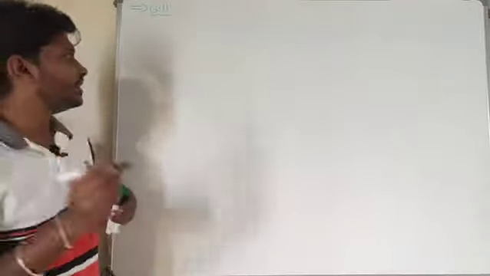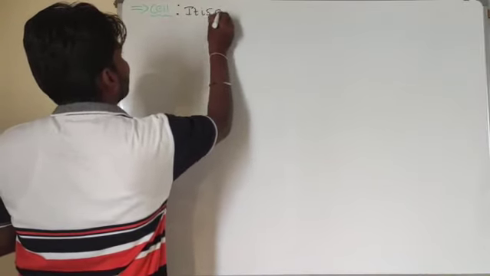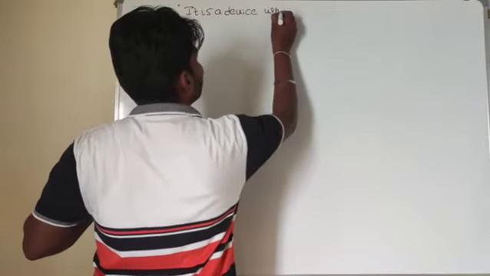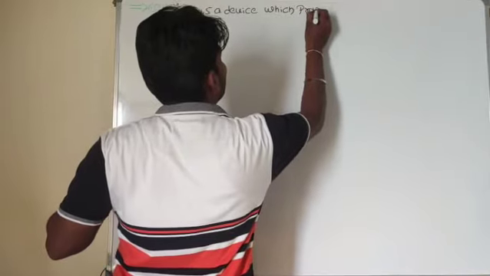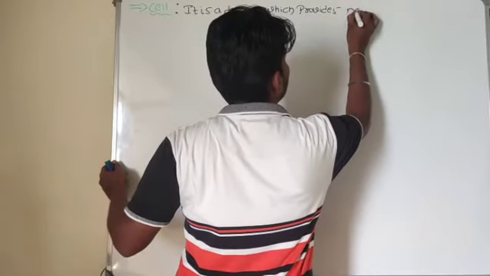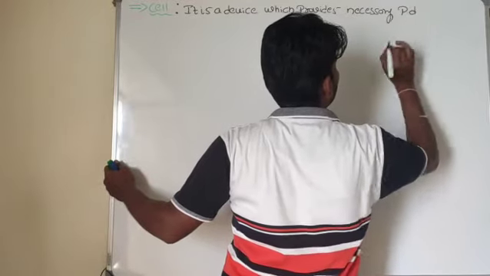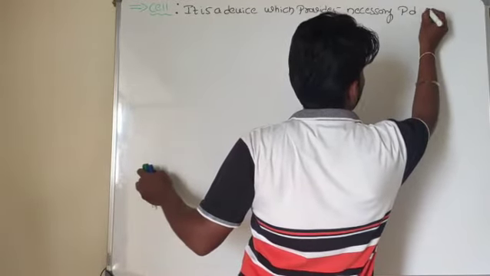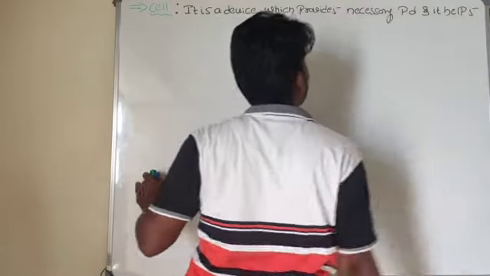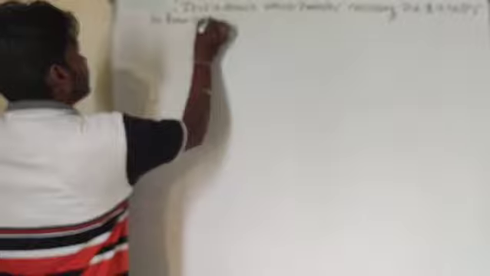So look here, a cell is a device which provides the necessary potential difference, and it helps to flow constant current.